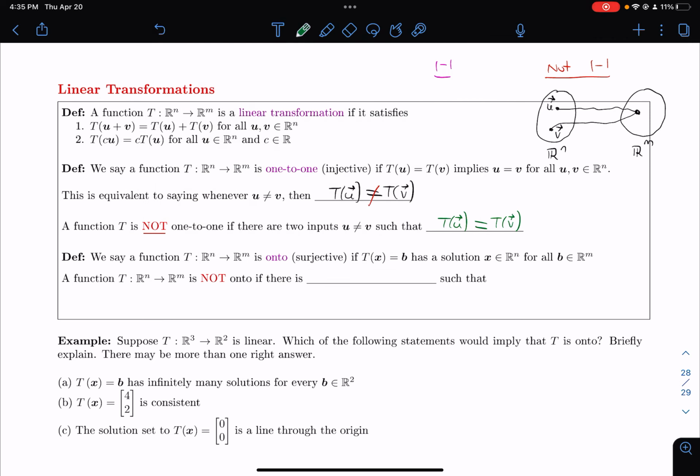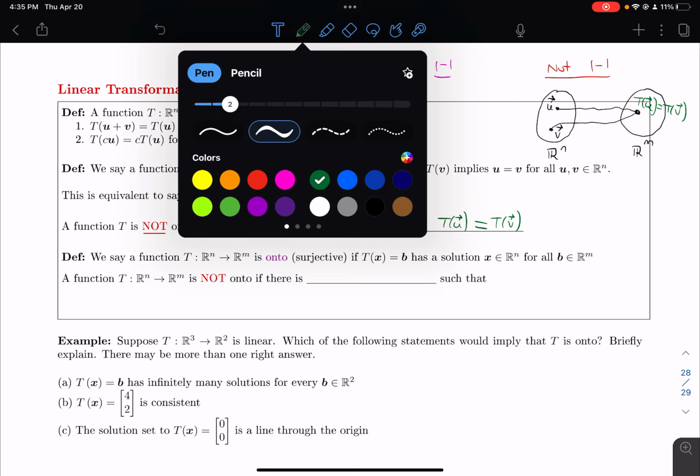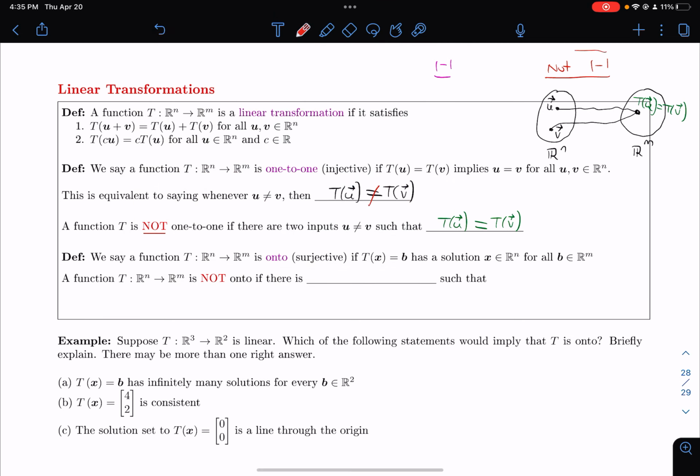So T of u is equal to T of v. Okay, that would make this thing not one-to-one. If I can find two different inputs that have the same output, that would not be one-to-one. So let me box that. That is a picture of what a not one-to-one thing looks like. Multiple inputs corresponding to the same output.